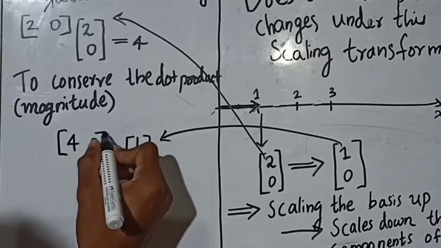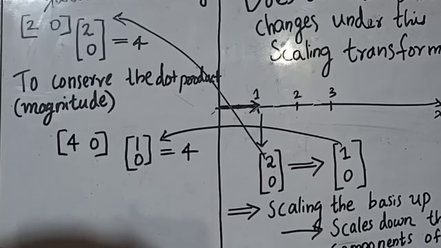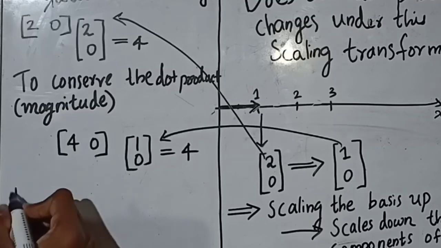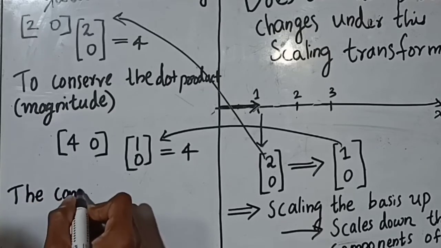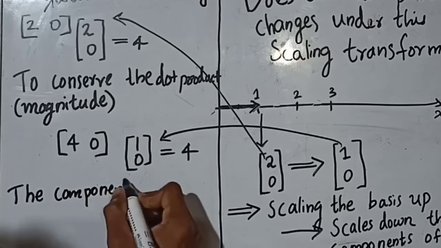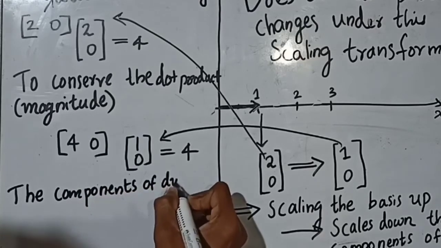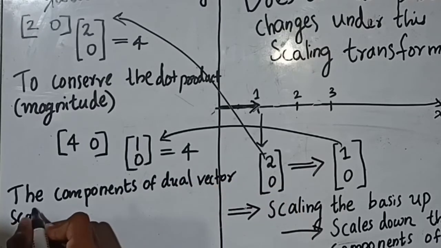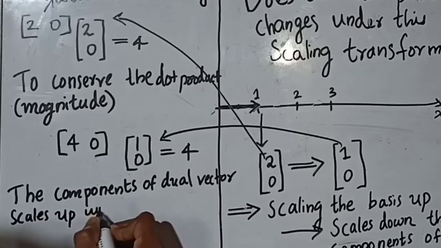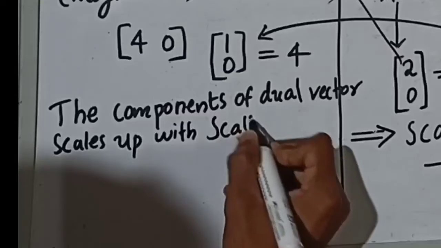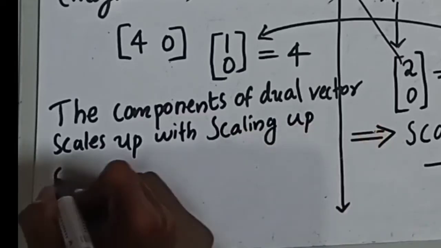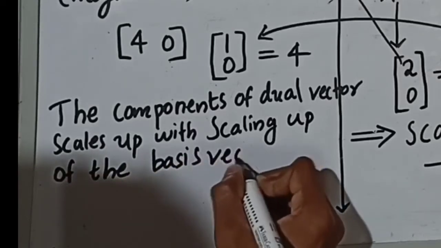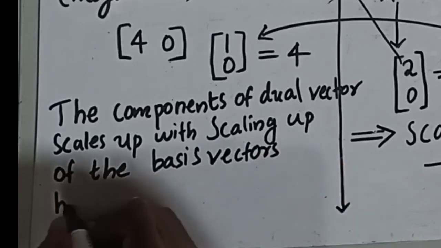After the scaling transformation, we have 1 0 as the column vector. For this we need a 4 0 dual vector. So we can see that the components of the dual vector also scale up with the scaling up of the basis vectors.